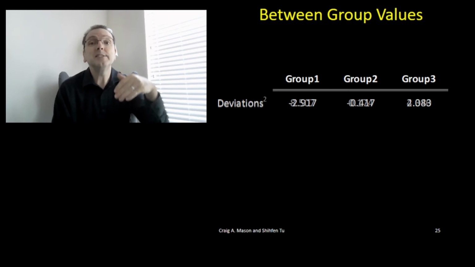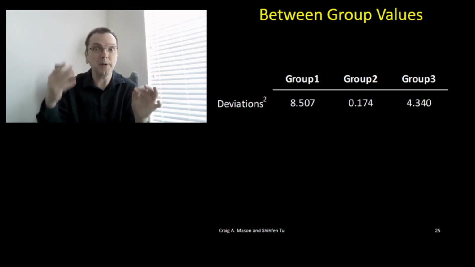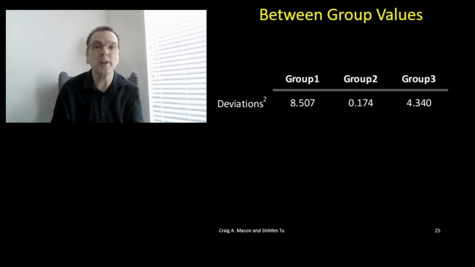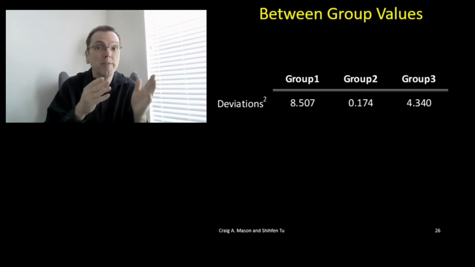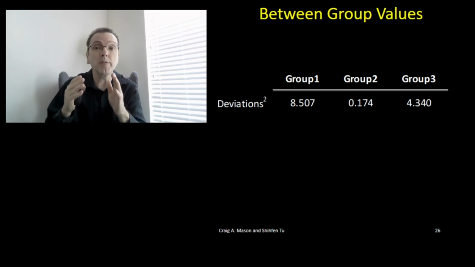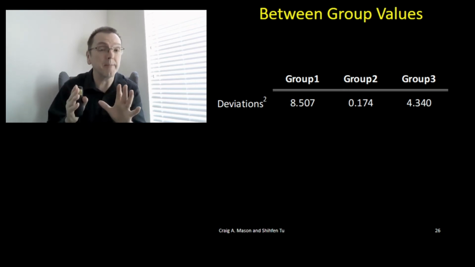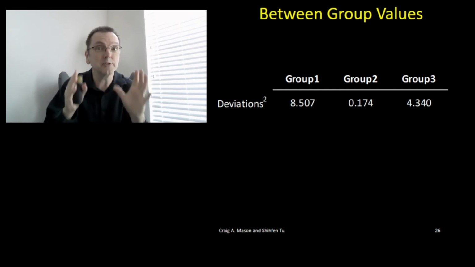We then square these group mean deviations from the grand mean. We square each of those, right? And that gives us 8.507 for group 1, 0.174 for group 2, and 4.340 for group 3 as our squared group mean deviations from the grand mean.